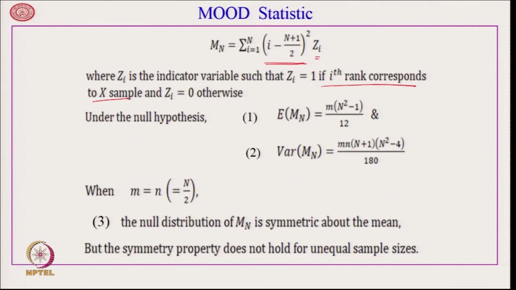We want to show that the expected value of M_N is equal to m(n square minus 1)/12, the variance of M_N is equal to mn(n+1)(n square minus 4)/180, and if m is equal to n and both are equal to n/2, then the null distribution of M_N is symmetric about the mean.